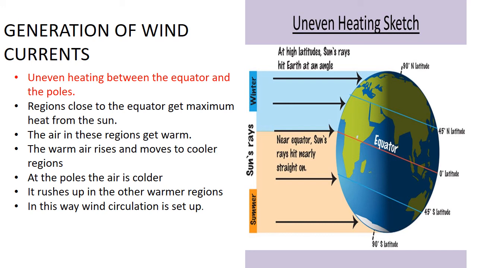So, the warm air at these latitudes rises up, and the cold air from the polar region rushes in to take its place. In this way, the wind circulation is set up from the poles to the warmer latitudes, right? So, this is what happens when uneven heating between the equator and the poles is occurring, right?